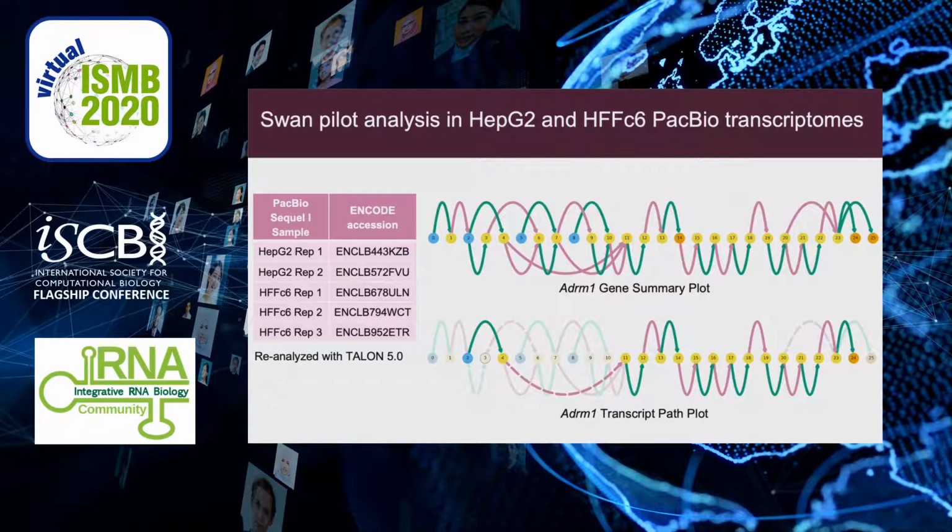I want to briefly highlight what we did with Swan for our pilot analysis. I ran Swan on 2 PacBio HepG2 replicates and 3 PacBio HFFC6 replicates that are lab deposited on the ENCODE portal. What we see here are 2 types of output graphs from Swan. Above is a gene summary plot for ADRM1 that showcases the complexity of splicing for the entire gene.